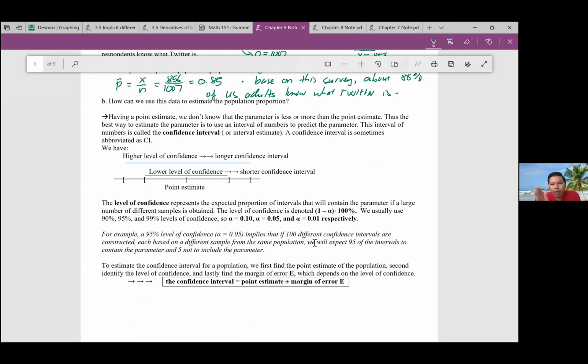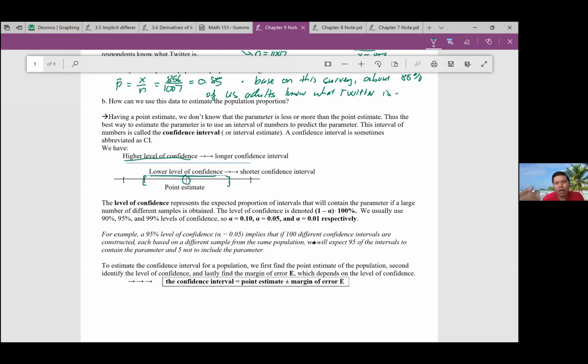We have the point estimate, which is in the middle, and we say, okay, I can go less than that a little bit, I can go more than that a little bit, and how much more and how much less I can go is what we call the confidence interval. The point estimate is always in the middle, and then we can have a lower level of confidence and a higher level of confidence.